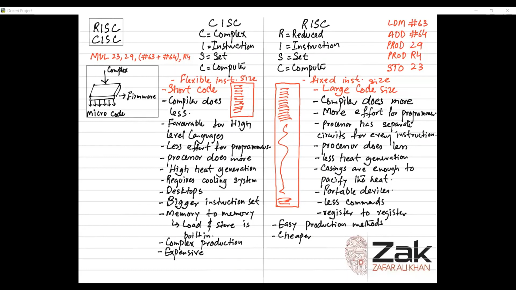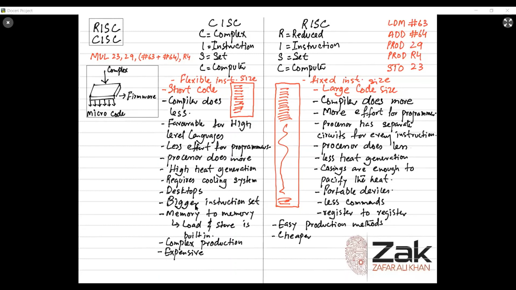Less heat can be got rid of by just the chassis, or whatever casing the device has. That casing would be enough to neutralize the heat and all. So CISC requires a cooling system. RISC does not require a cooling system. So all the desktops and laptops with fans and all are actually having CISC, whereas over here casings are enough to pacify the heat.